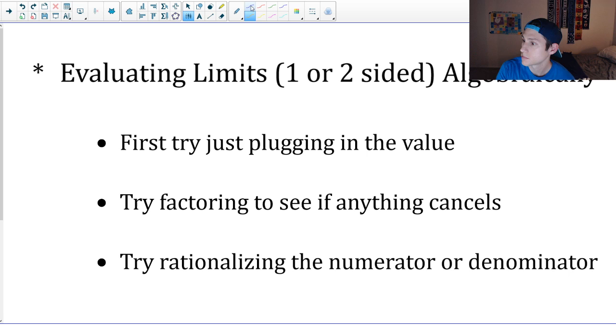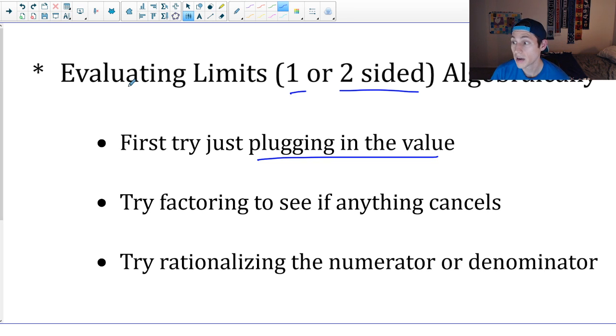Okay, so let's talk about evaluating limits, either one-sided or two-sided, algebraically. So if we're trying to find a limit, the first thing that we should always try to do is just plug in the value, right? It's not different from just finding the value.